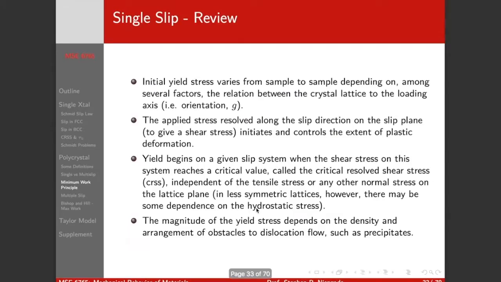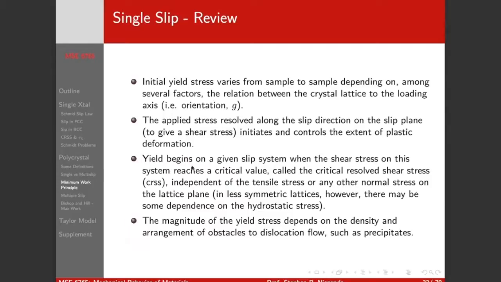in that strain. Okay, so let's apply this to single slip. We know the initial yield stress is going to vary from sample to sample according to the crystal lattice and the loading direction. The applied stress resolved along the slip direction on the slip plane initiates and controls the extent of plastic deformation. This is in a single crystal, so we're thinking just single slip here.